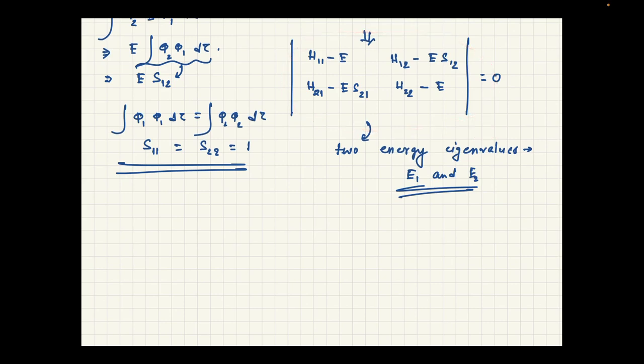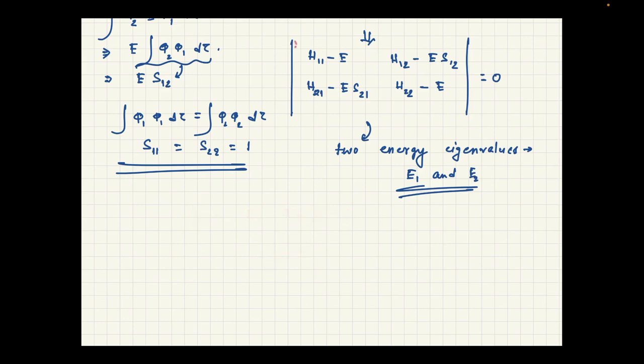If I use 10 atomic orbitals or 20 atomic orbitals to form molecular orbitals, then from 10 atomic orbitals I will get 10 molecular orbitals, right?